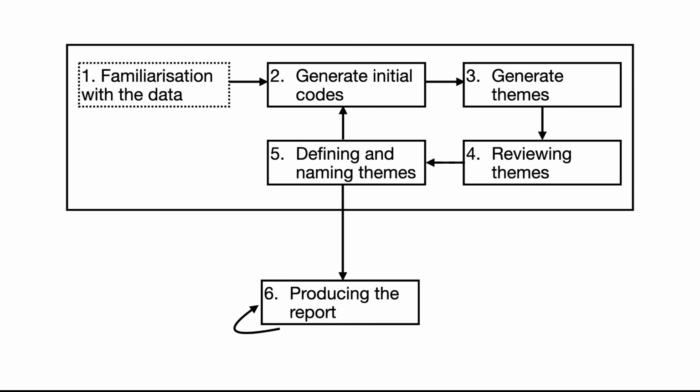A more common way to do this, certainly in the type of work that I would do, is to code collaboratively or to build in review points through the process. So you might generate initial codes and then have someone review the transcript to see if it makes sense. And you could repeat that with themes and then continue until you have your final map.